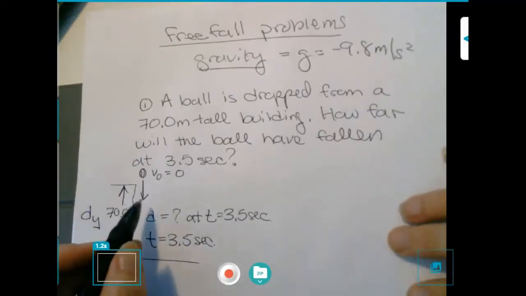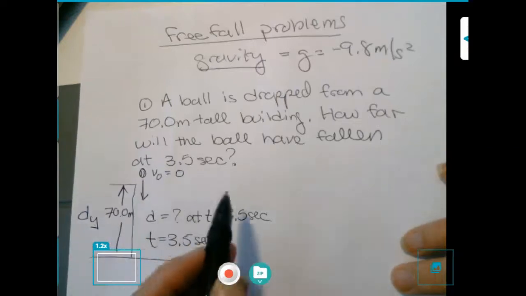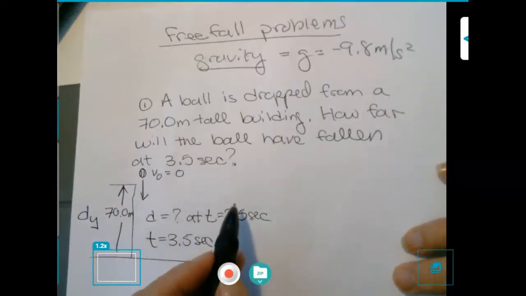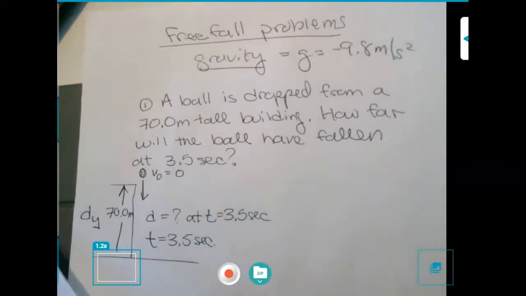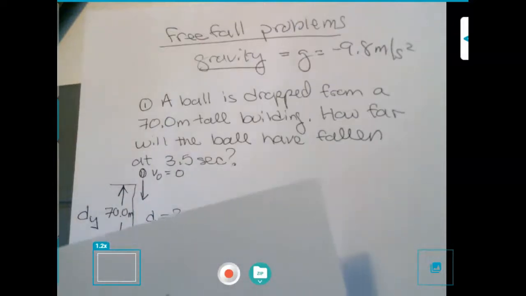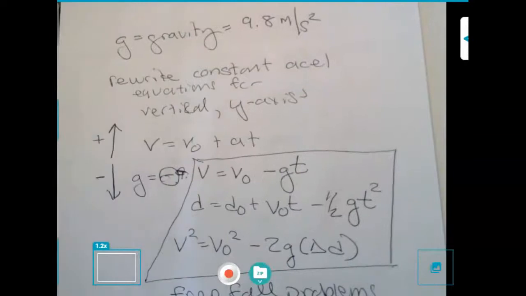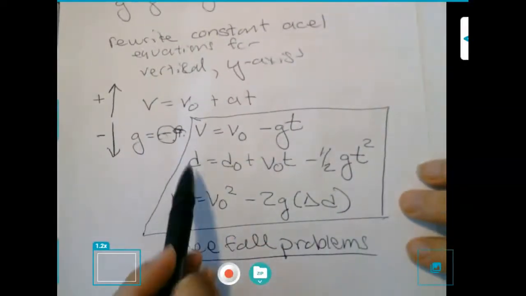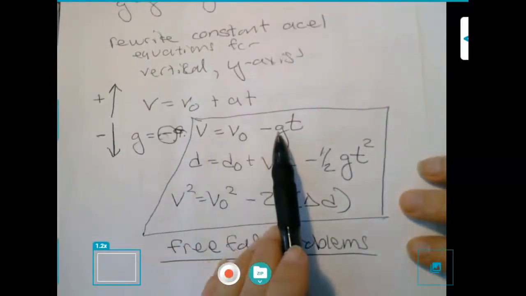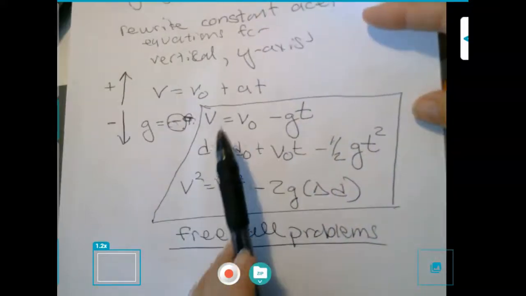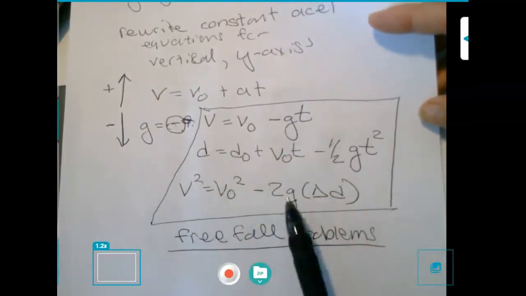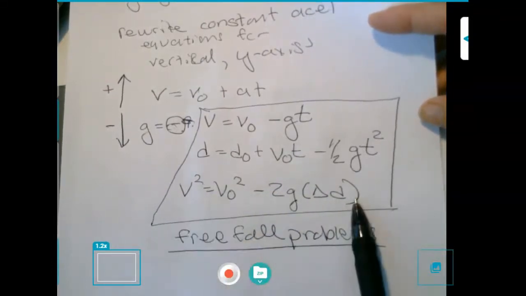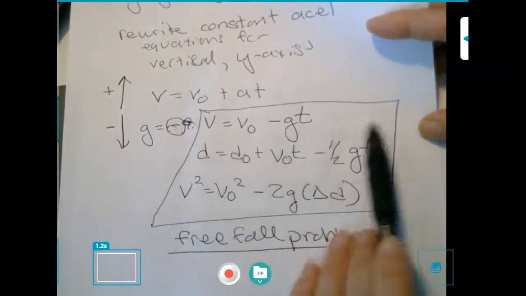So if you look at the equations that I brought, these are velocities, gravity, and time, but I don't know the velocities. This one has distance, gravity, and velocities, but it doesn't have time, so the only equation I can use is this one.